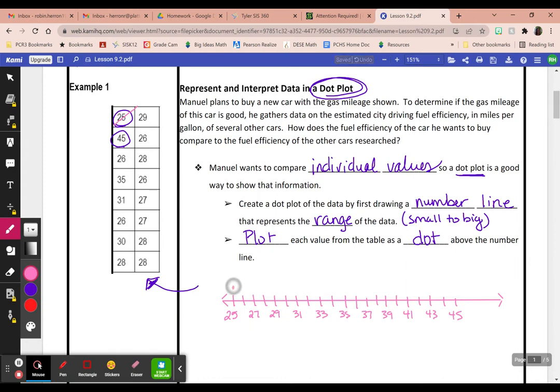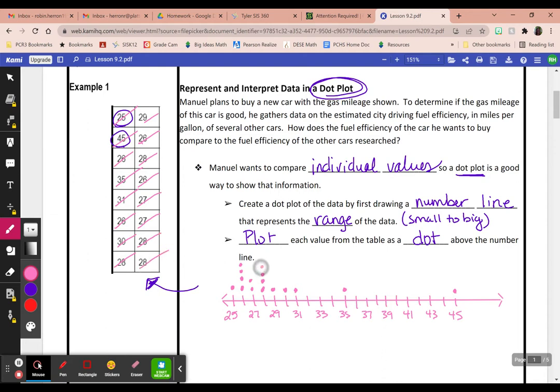So 25, I'm going to put one dot right above it. Then I've got 45, so I'm going to go all the way down here for that one. 26 gives me one dot. 35 gives me a dot. 31. 26 again. 30. 28. 29. 26 again. 28. 26 again. 27. 27. 28.